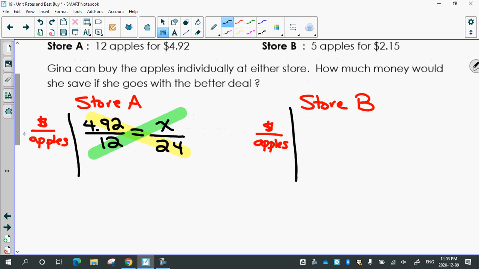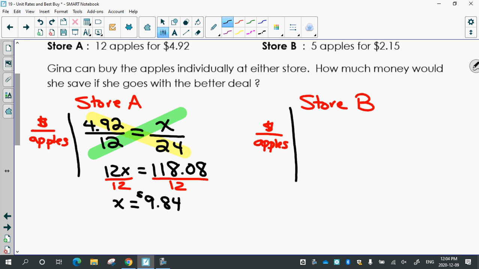So we get 12x equals 118.08. There's our cross product. Then we do our algebra step by dividing both sides by 12, and we get $9.84. Remember, x is money because it's on the top.